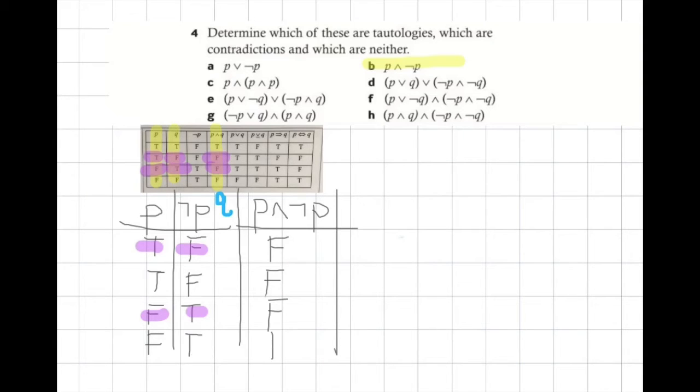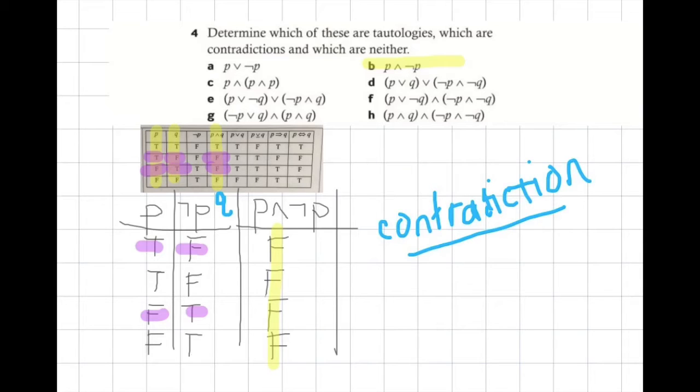And false, true is false. Okay. So this is our final statement. False, false, false, false. Because they are all F, this is a contradiction. Okay, so contradiction is this one. Means this statement can never be true.